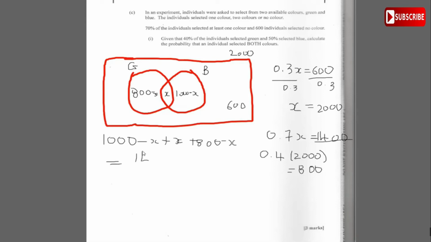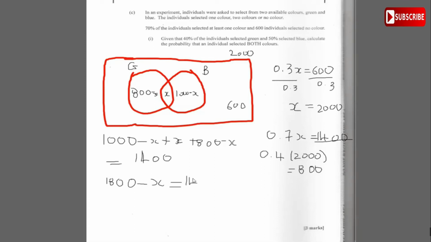That's 1400. Cool. So what that means is 1000 plus 800 is 1800 minus X equals 1400.